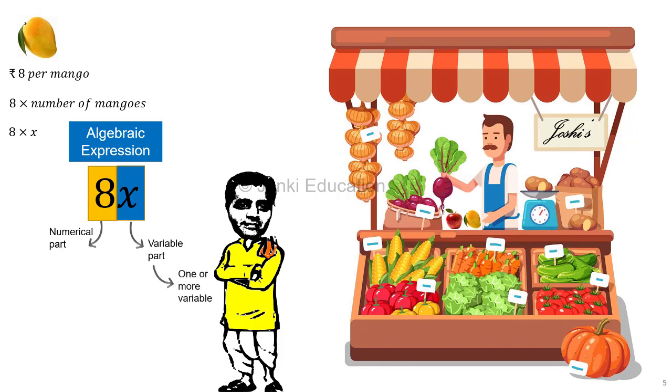The variable part may be one or more variables. Right now you can see 8x, but there may be 8xy, 2xz, something like that, as you will come to know in future. And this numerical part is called the coefficient. I repeat, this numerical part is called the coefficient. You can simply understand the meaning of coefficient as friend or companion, right?